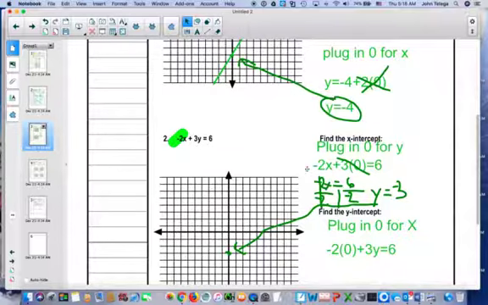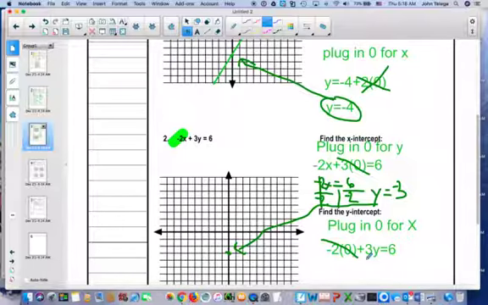Right? And then poof, this is gone. And what I'm left with here is 3y equals 6. I'm going to divide them each by 3. Right? This cancels. And then 3 goes into 6 twice, so y is equal to 2.